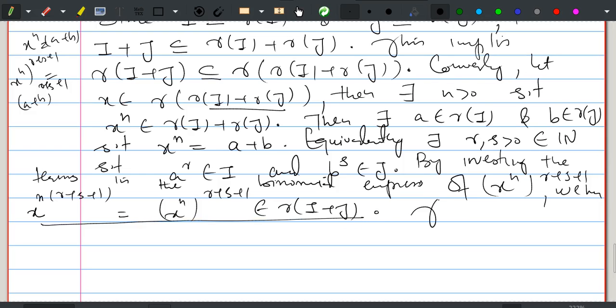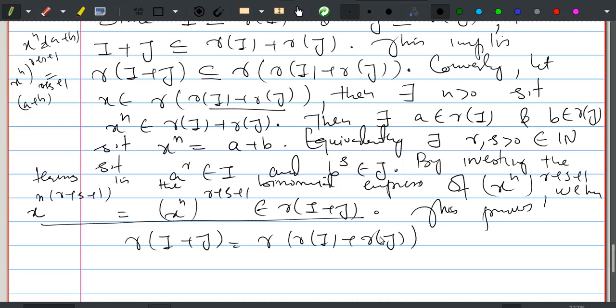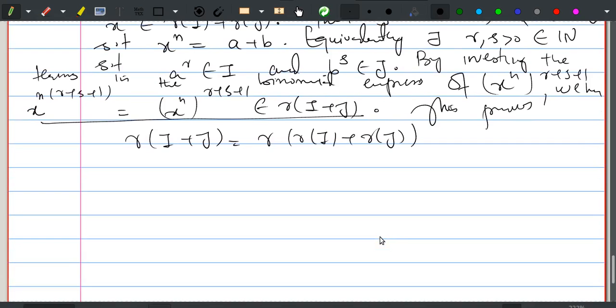So this proves radical of the sum of two ideals is actually radical of I plus radical of J. So hence this proves this item.